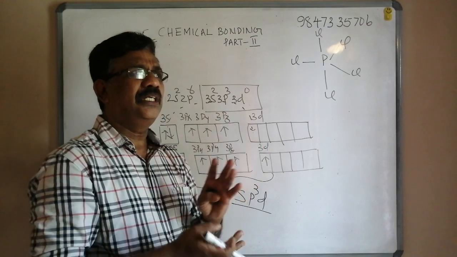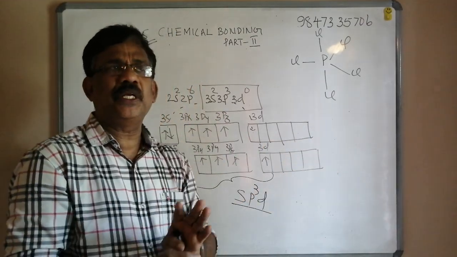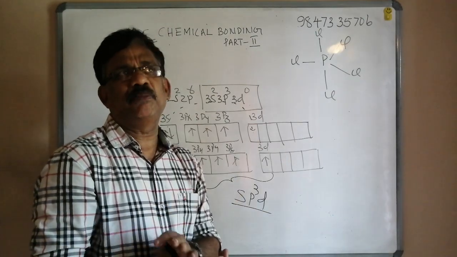How are these orbitals oriented in space to minimize the repulsive force and attain maximum stability?